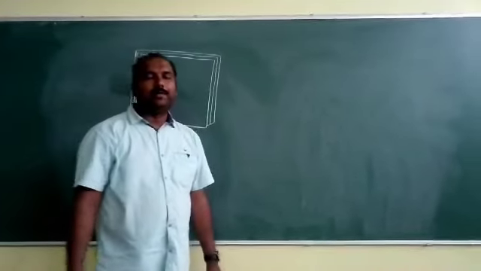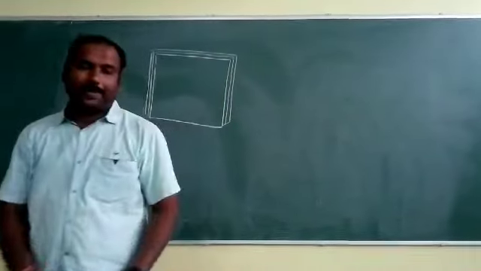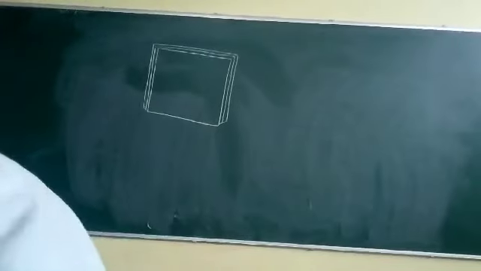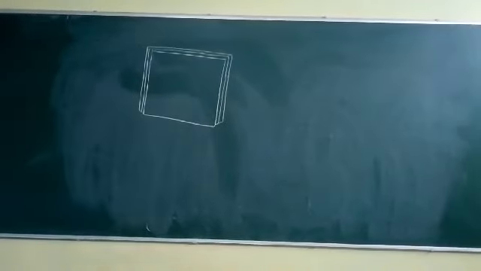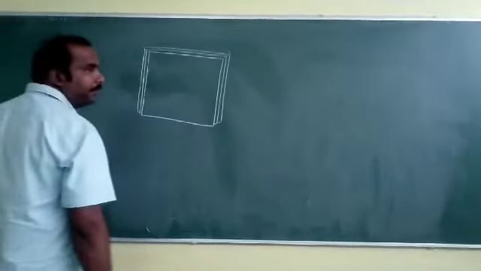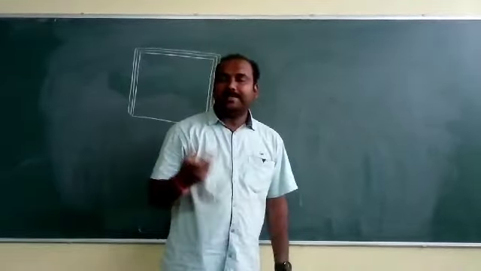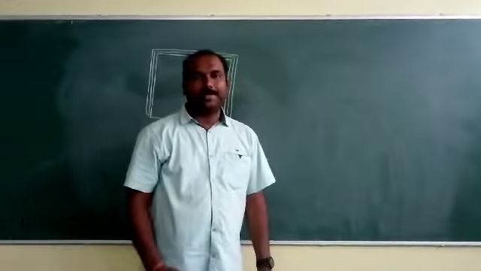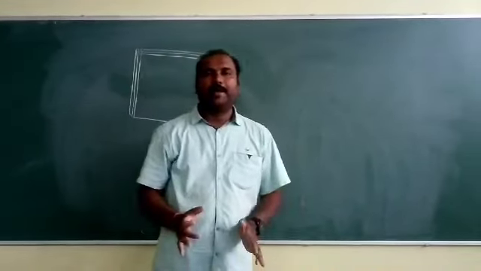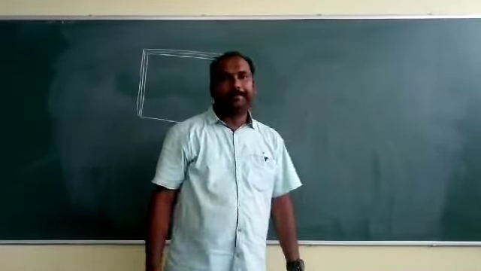Why do we have to take soft iron? Because if you take soft iron, then hysteresis loss will be minimum. If you take the laminated core, the eddy currents will be minimized. So that is the reason we take a soft iron laminated core.